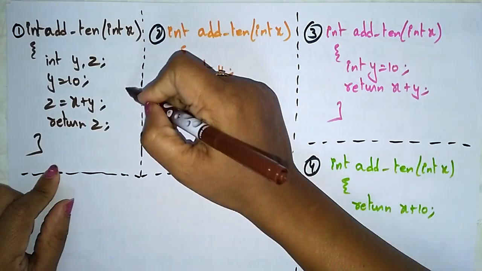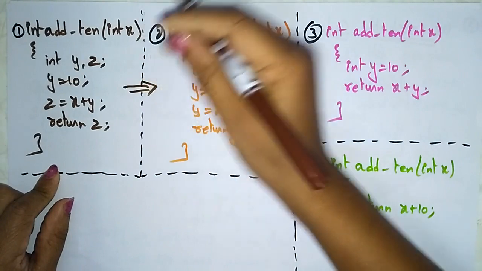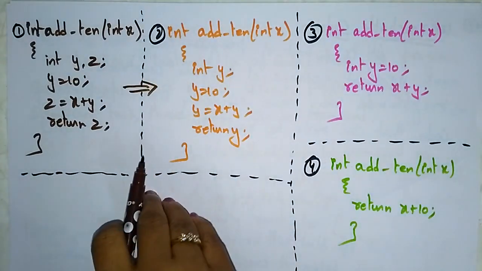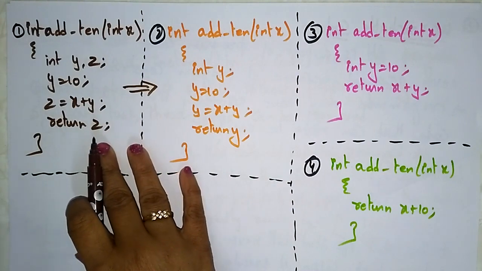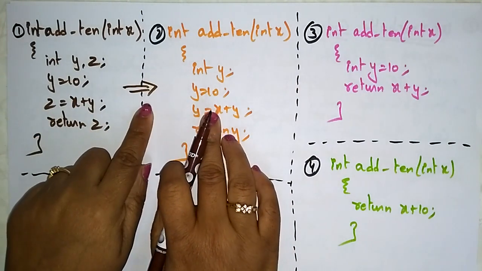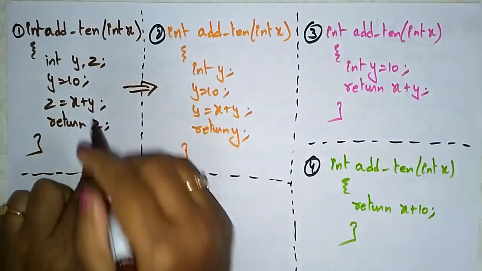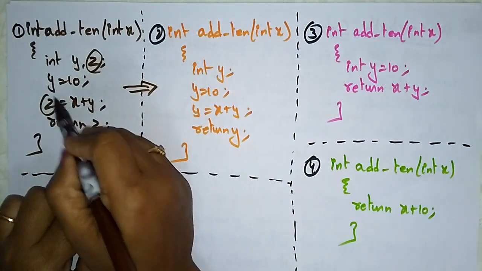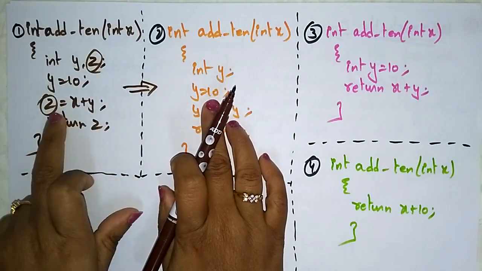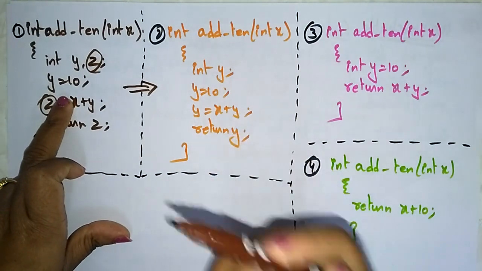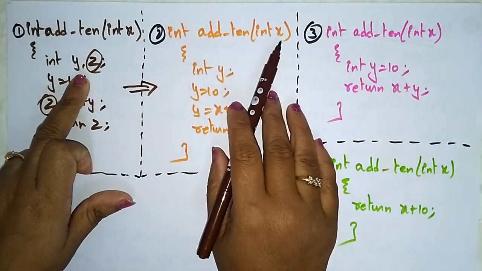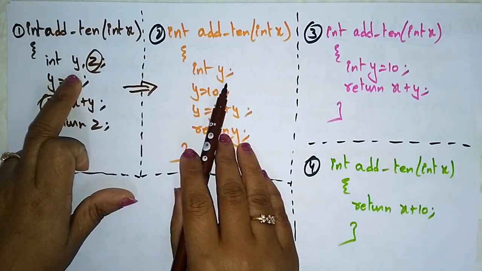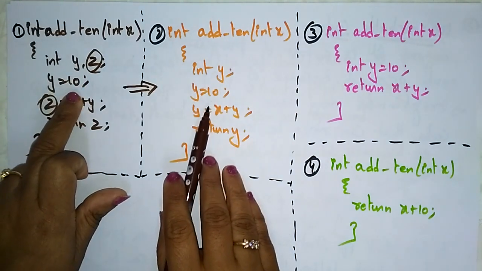Now I want to eliminate redundancy in this source program, which means I want to reduce it. Wherever redundant instructions are there, I want them eliminated. So here I am just avoiding z. This is redundant instruction elimination. In the same addition 10 int x, I just take int y and assign y equal to 10.